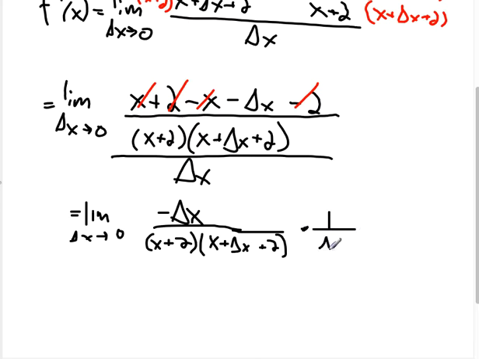Let's actually multiply by 1 over delta x, by the reciprocal. And in this case, again, our delta x's cancel. And so I get the limit as delta x approaches 0 of -1.